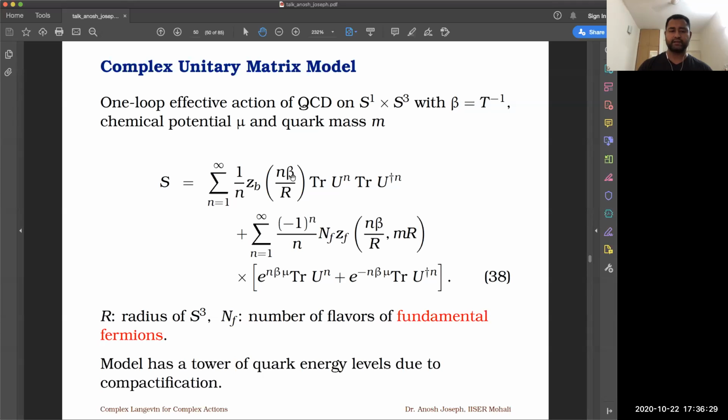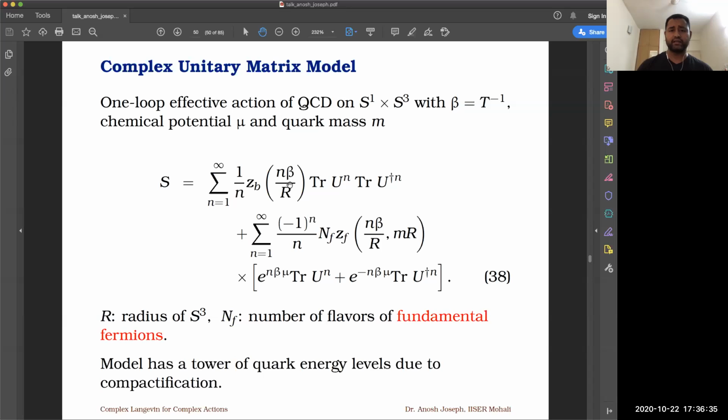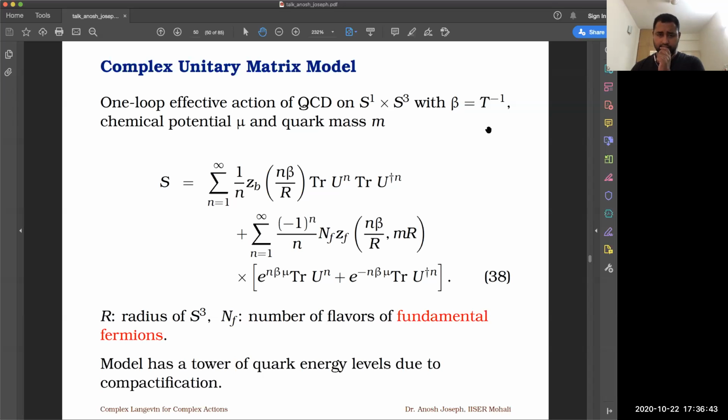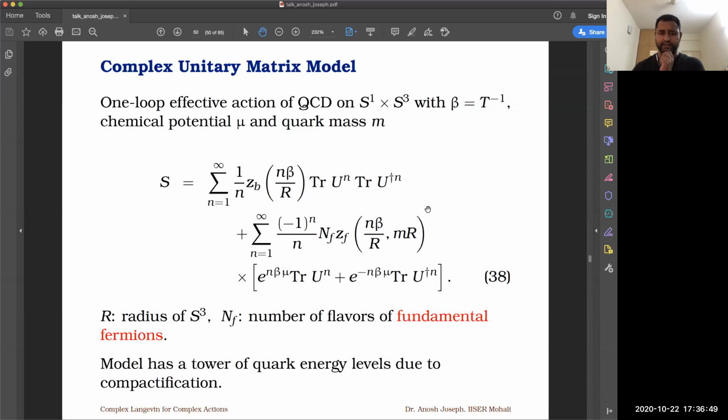The S3 fermions are periodic, so all the fermions at the boundary are identified, but the model has something similar to temperature, that is the S1. I was asking what the boundary condition is for the S3. S3 is periodic.